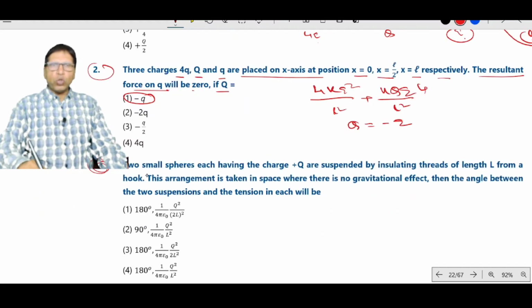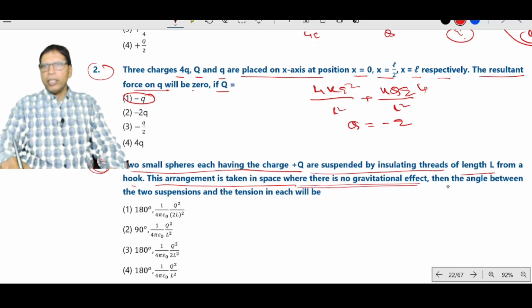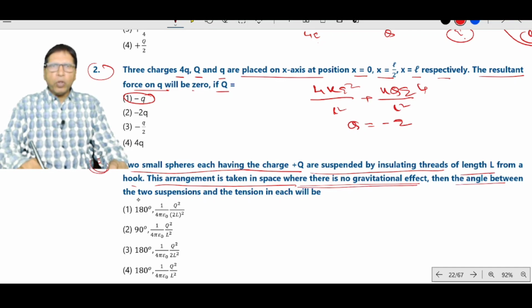Now look at question number 3. The two small spheres each having charge plus q are suspended by insulating threads of length L. This arrangement is taken in space where there is no gravitational effect. Then the angle between the two suspensions and the tension of each string will be?